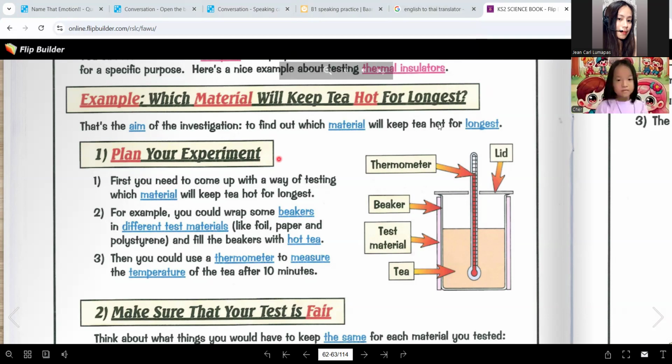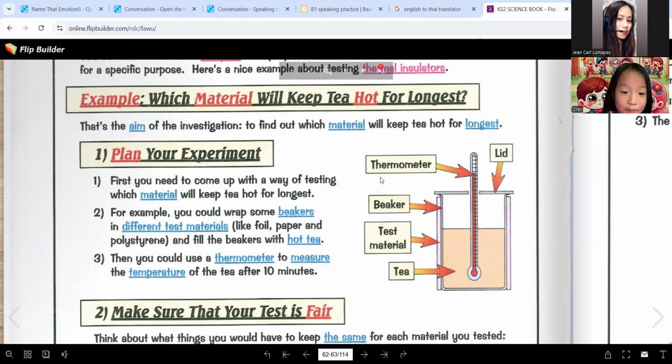Okay, of course the thermometer is what measures the hotness of the tea. What I mean is what material do you test? It's not the thermometer. A beaker is only the container in which the tea is placed. How about that, little girl?